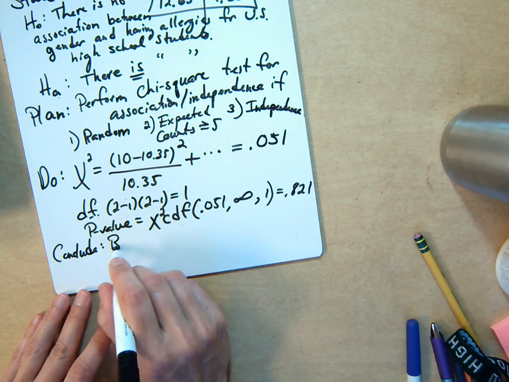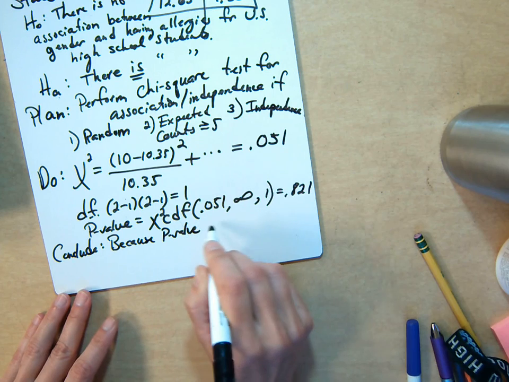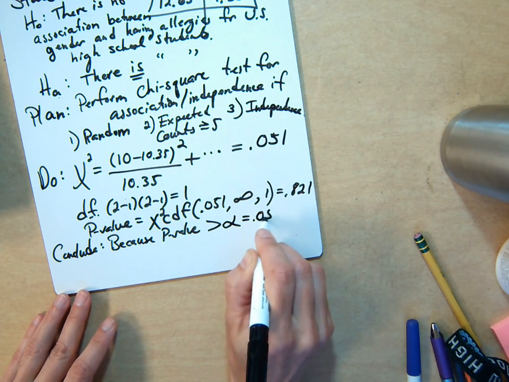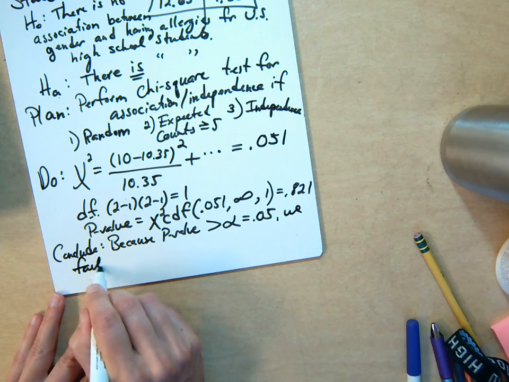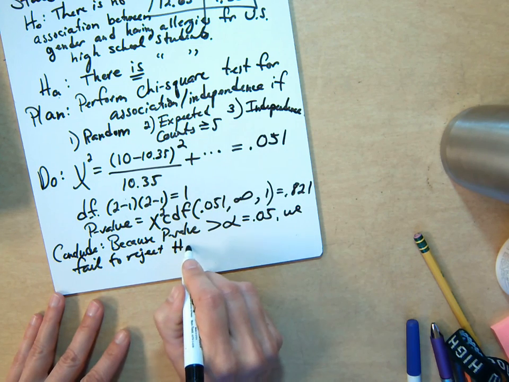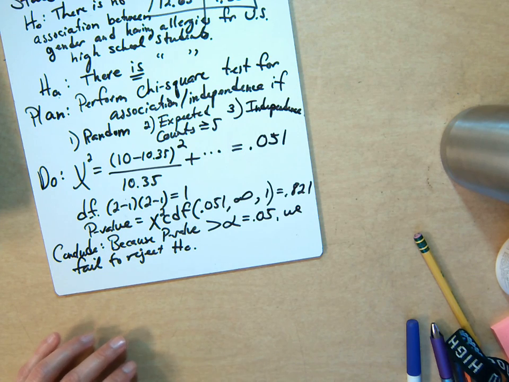So because the p-value is greater than alpha, our default is 5%, we fail to reject H naught. We do not have convincing evidence there is an association between gender and having allergies.